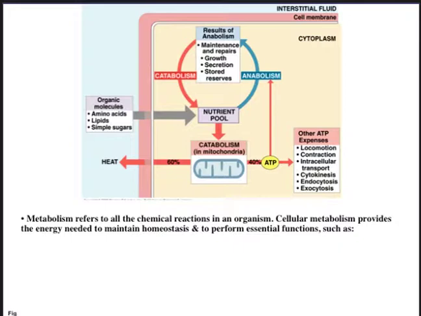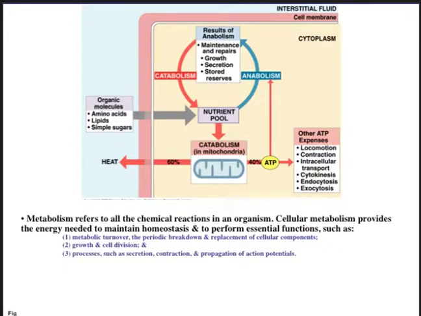Cellular metabolism provides the energy needed to maintain homeostasis and to perform essential functions, those being metabolic turnover, the periodic breakdown and replacement of cellular components as they wear out, growth and cell division, and processes such as secretion, contraction, and the propagation of action potentials.